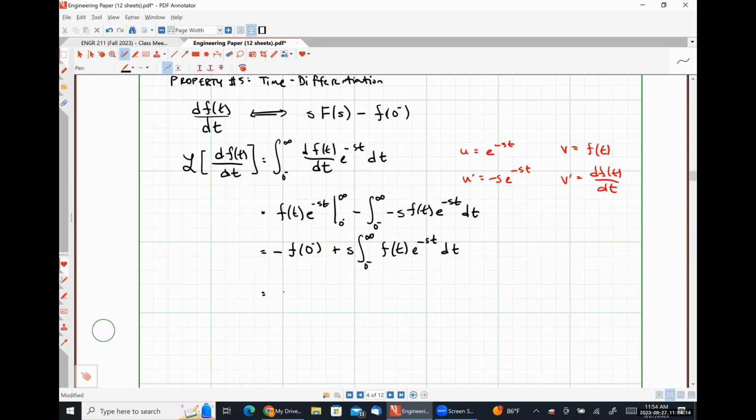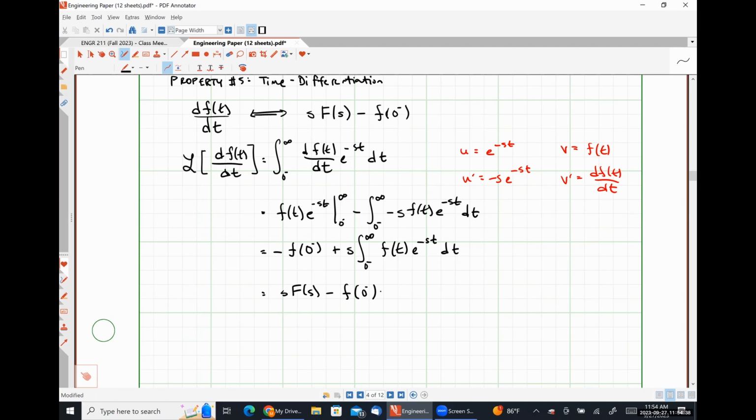Rearranging this ever so slightly, we have s times F of s minus f evaluated at 0 minus. So the derivative in the time domain is just multiplication by s in the frequency domain.